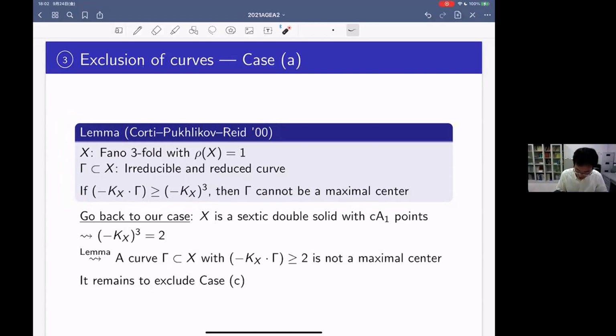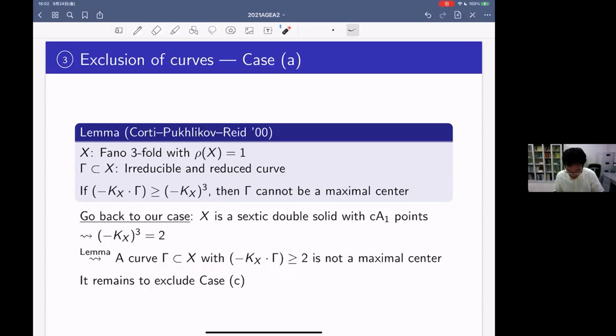Okay, so again, let X be a sextic double solid with CF 1 point. And then as before, we have minus KX cubed is 2. So this lemma immediately implies that this curve gamma is not a maximal center.